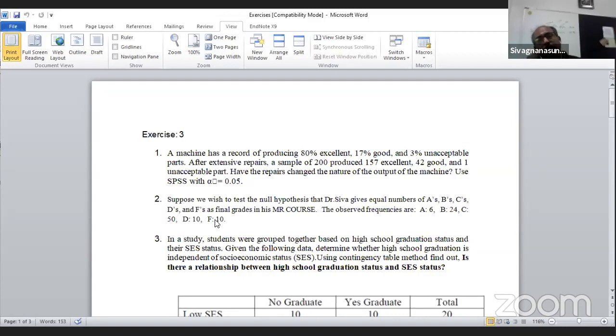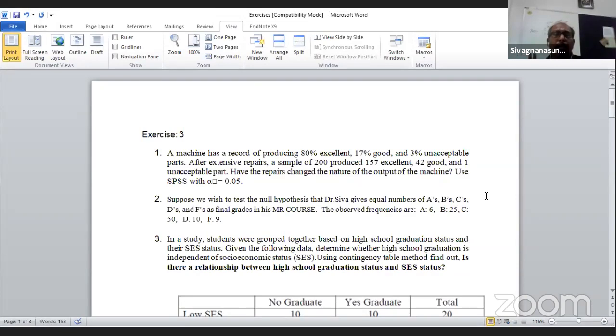Suppose we want to test the null hypothesis that Dr. Siva gives an equal number of A's, B's, C's, D's, and F's as final grade in his MR course. The observed frequencies are slightly modified. The observed frequencies are A is 6, B is 25, C is 50, D is 10, and F is 9.